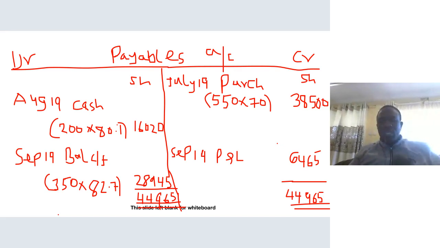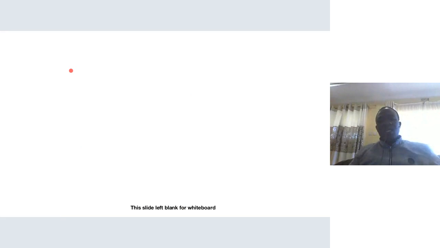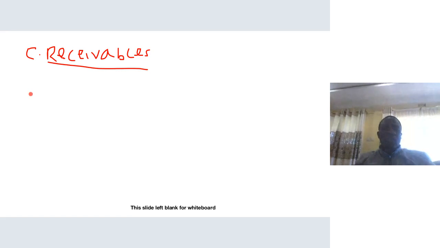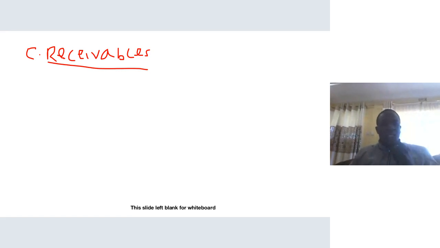Number 3 or number C, now we move to receivables. So we have looked at payables. I want us now to look at receivables as our C. Receivables, the other name is the debtors, what we commonly know as the debtors.